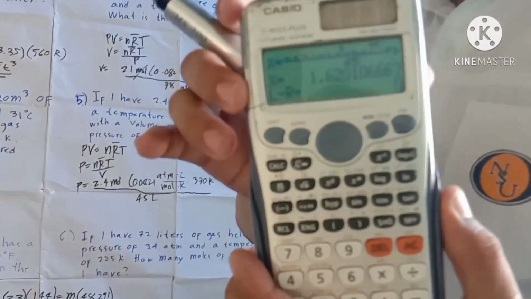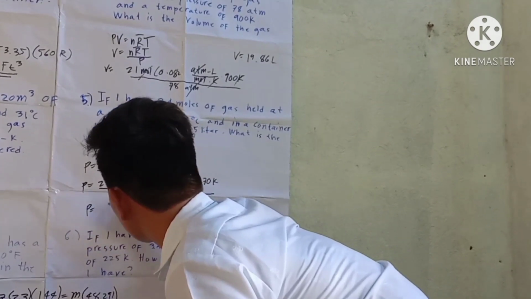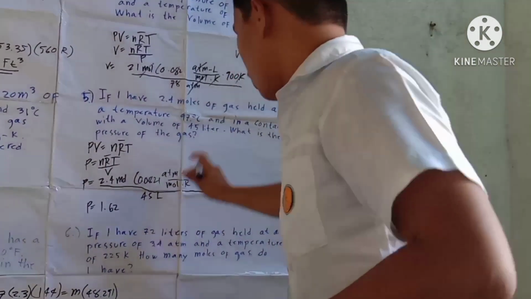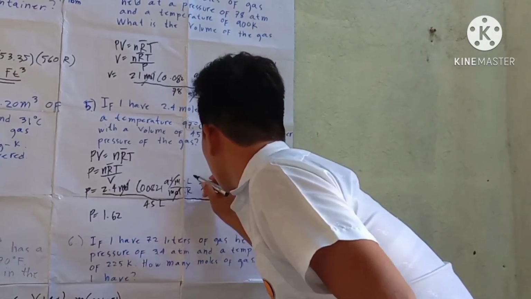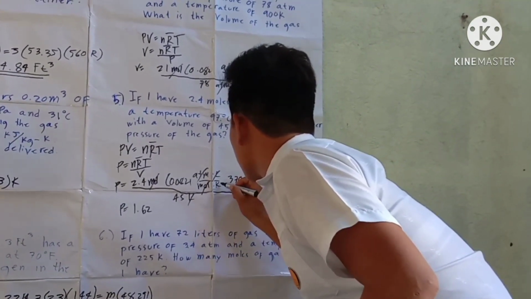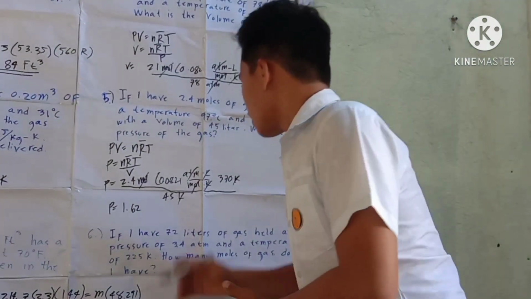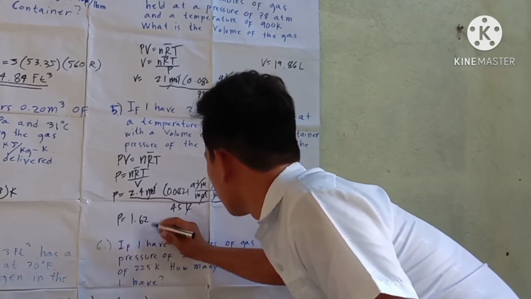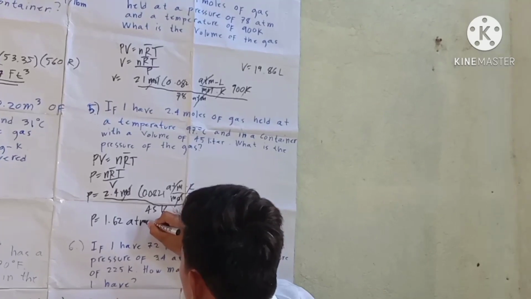For the unit, we cancel the mole, liters, Kelvin. Oh, sorry, the atm is the unit of the pressure. So 1.62 atm.